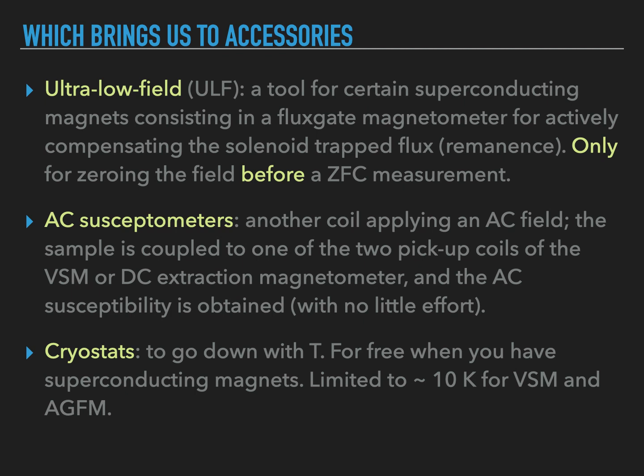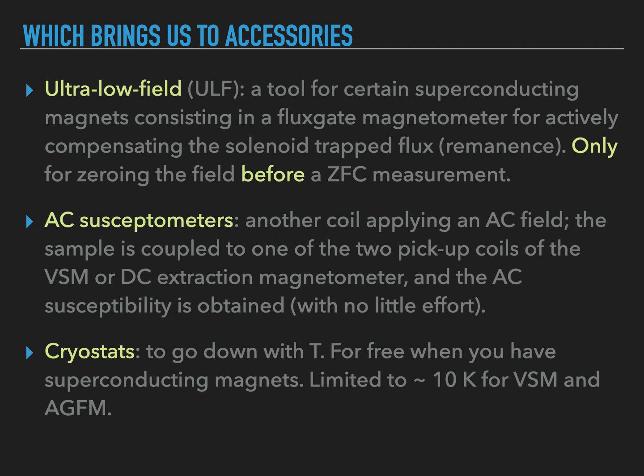For example, some superconducting solenoids can be equipped with a so-called ultra-low field accessory that is normally a flux gate magnetometer, a flux gate sensor that is capable of measuring the trapped flux that is in the superconducting coil, and so the system can apply a current of proper intensity in order to compensate for that trapped flux.